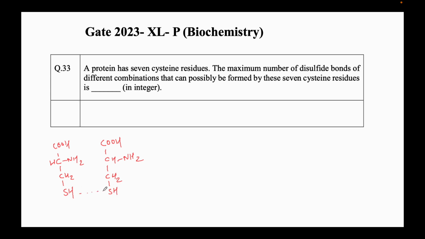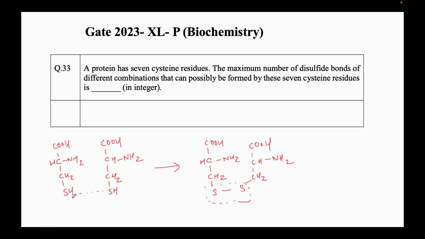These two cysteines form a disulfide bond, so we'll have a bond between the two sulfurs. So in a given protein, this is the disulfide bond.